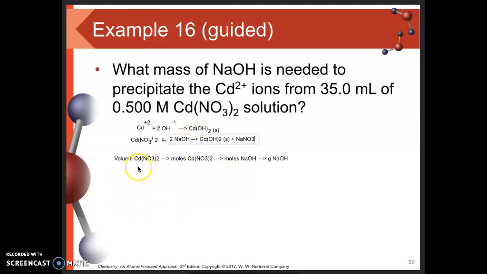And now I can see I've got the fundamentals here that I need to solve the problem. I've got my volume of cadmium nitrate. I've got a concentration, so the volume goes there. The concentration is what I'll use in this step to convert that volume to moles. And then I've got my balanced chemical equation to do the moles. And I just need a molar mass of sodium hydroxide for the last part here.